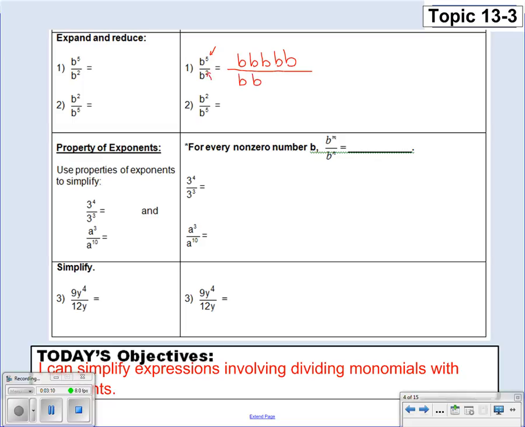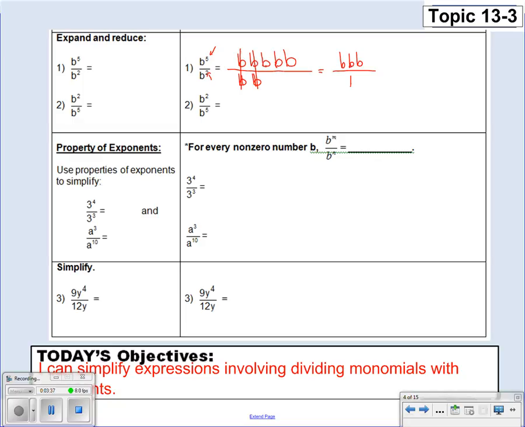1, 2. Now let's go back to when you first learned about division. If you have something in the numerator and the denominator exactly the same, they can cancel each other out. What we have left are 3 b's at the top. b times b times b. In the bottom, we canceled out everything, but there's still an understood 1 underneath because each b has a coefficient of 1.